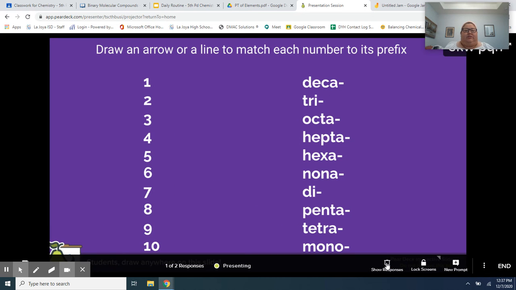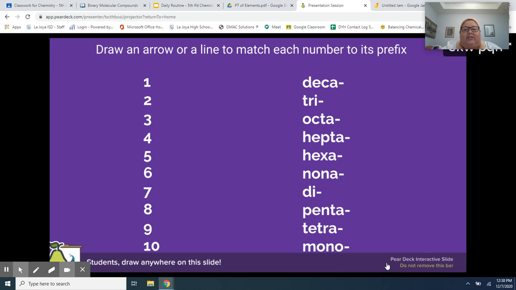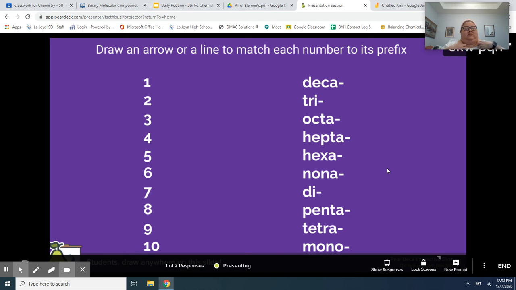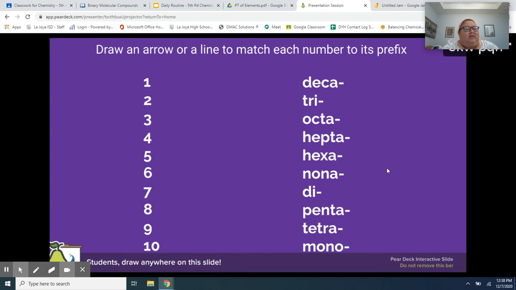Great job, those of you who are trying to do it on Pear Deck. What is the prefix for 4? Tetra. What's the prefix for 5, 6, 7, all the way to 10? Keep going, Melissa. 4 tetra, 5 penta. Keep going.